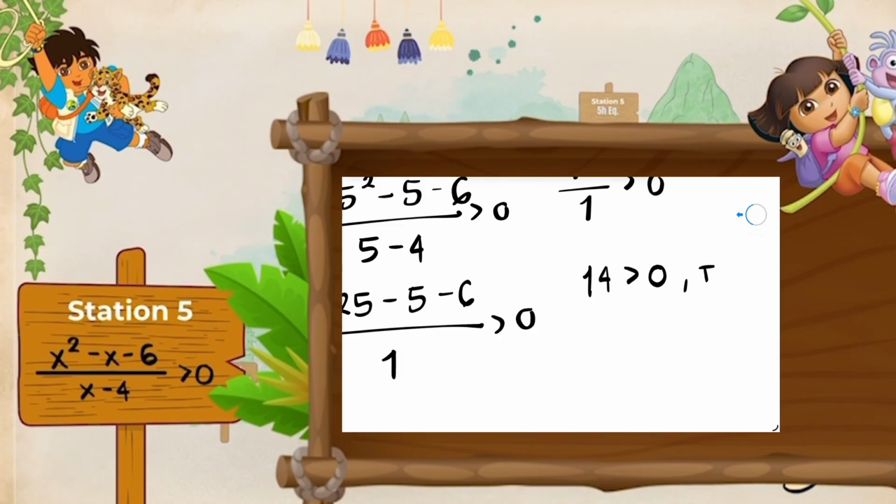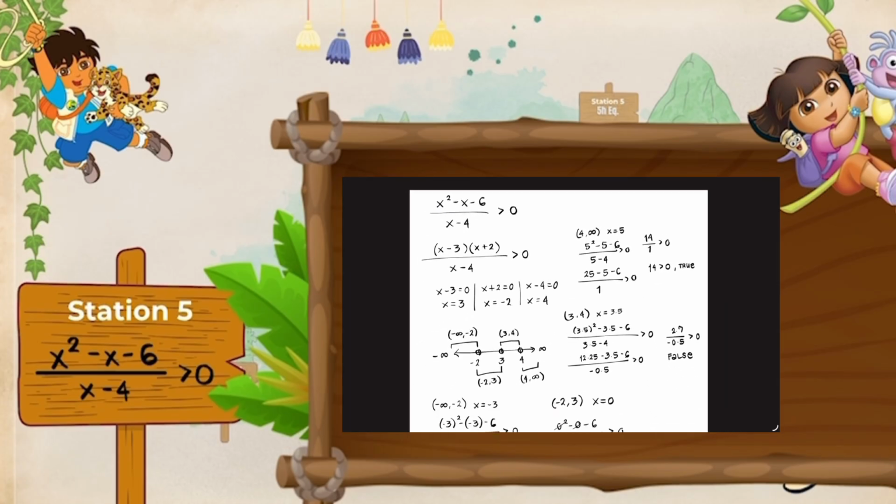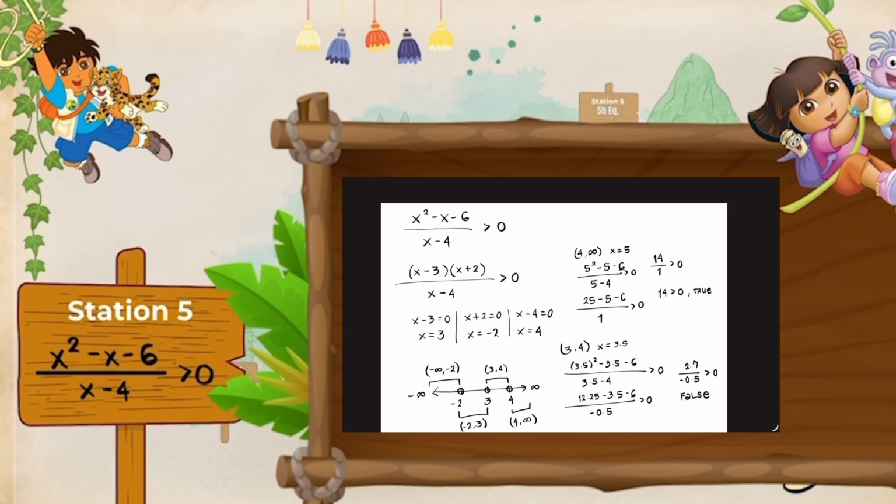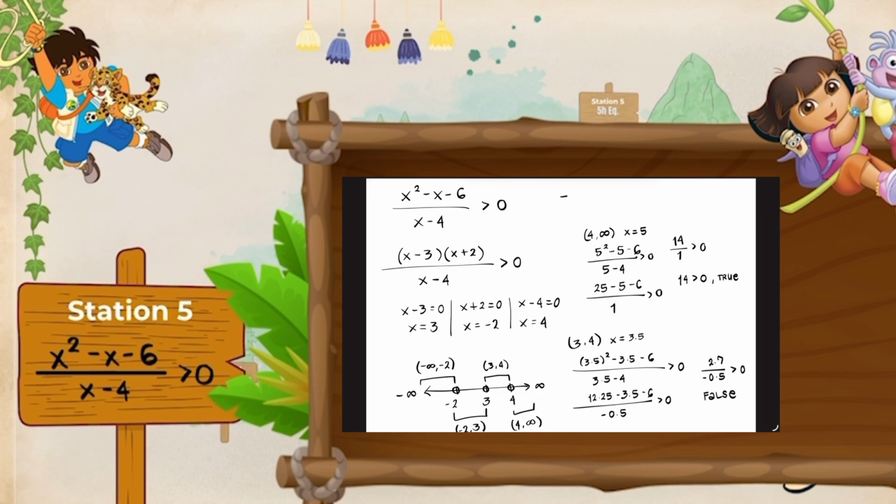So it's true. And now for our interval notation, it's negative 2, 3, union 4, positive infinite. And there you have it.